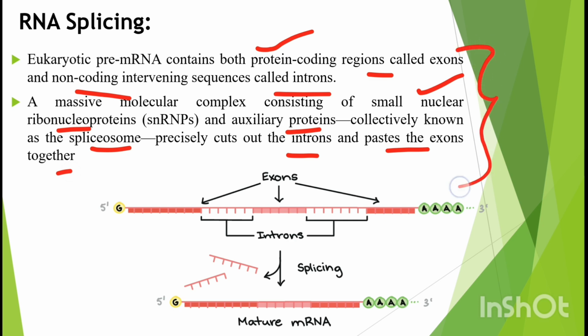So by the process of RNA splicing, the introns are cleaved from the pre-mRNA and the exons, only the coding part of mRNA, are attached to each other.